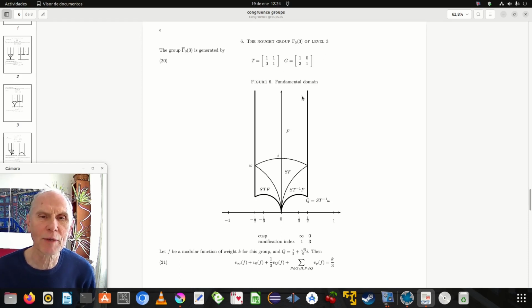It has the same fundamental domain because it's just plus minus this guy, plus minus identity or take minus identity, then you have generated the full group. But it gives the same fundamental domain. So I think it might be possible to find a modular form of order 1 of this group.